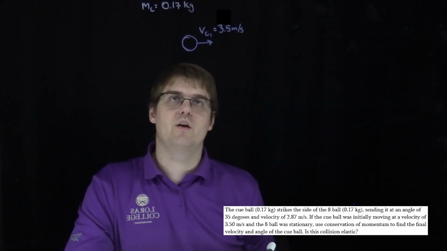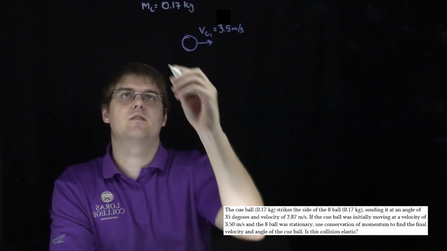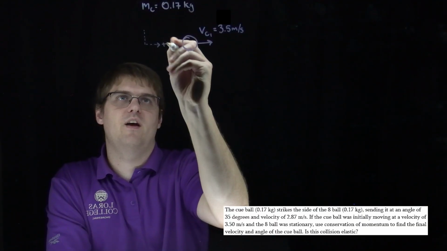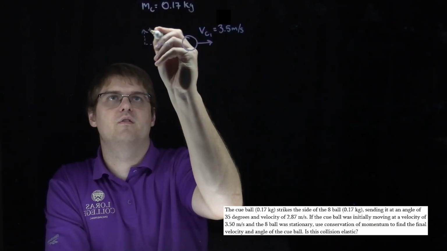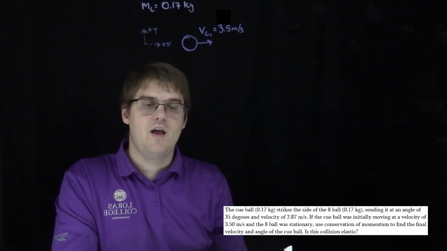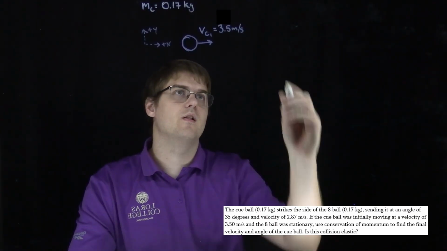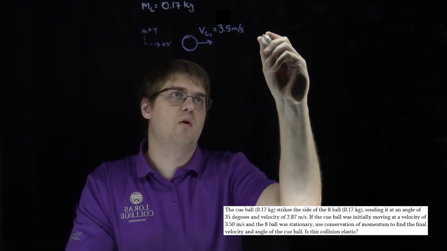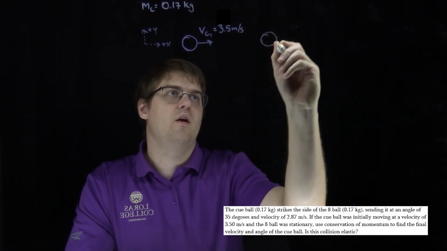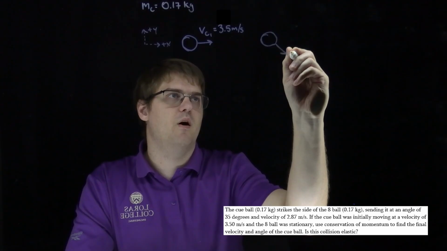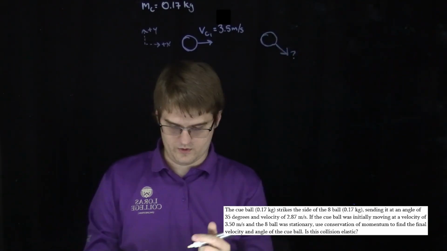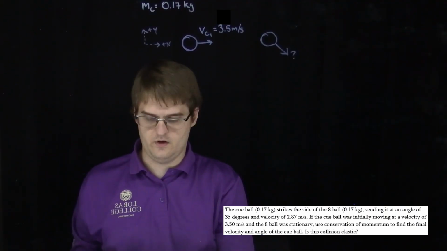It is moving initially completely in the x-axis, so we have the positive x-axis and positive y-axis, and it is going to collide with the 8-ball. And it is going to go off in some unknown direction, which is what we're trying to figure out. We're trying to figure out the direction it goes in and the velocity.